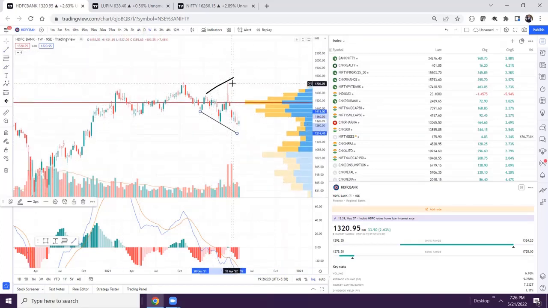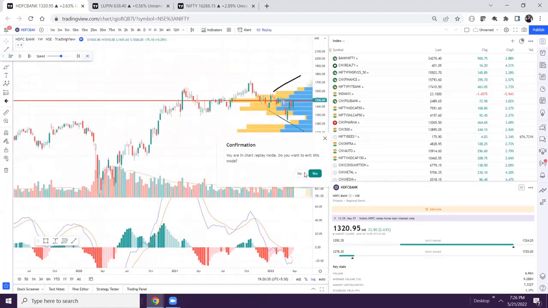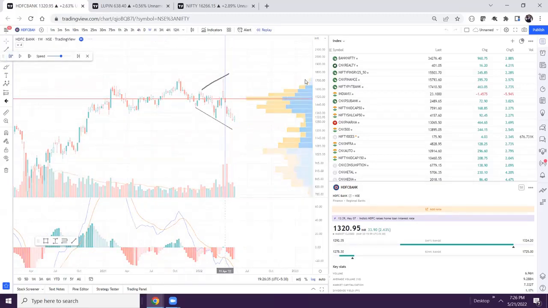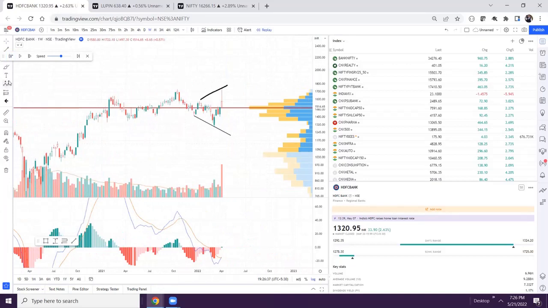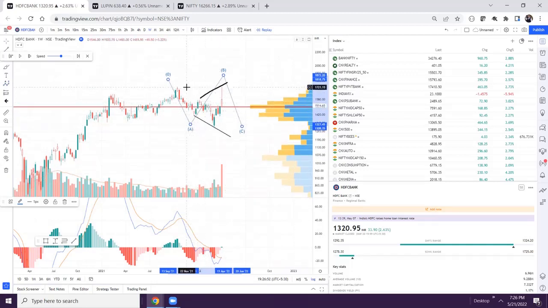Now suppose at this point you are expecting, let me again suppose, now if we erase this part, you are expecting that this is A, this is B. After B we are expecting one C. Does that answer your question why it was falling from this point?